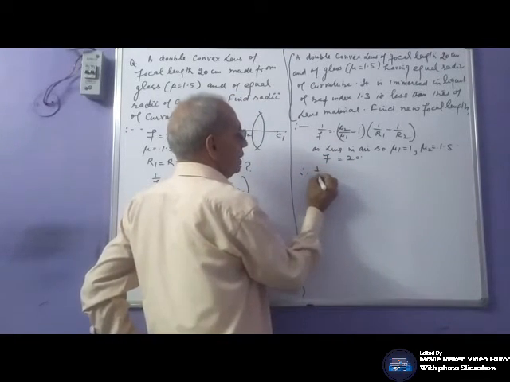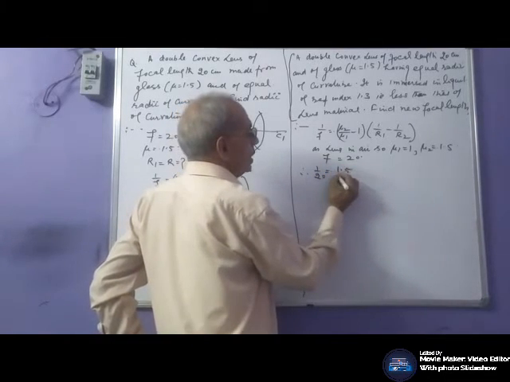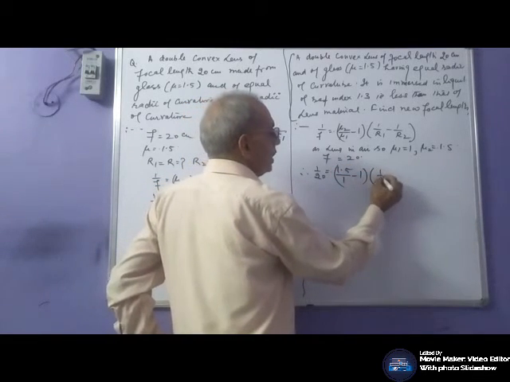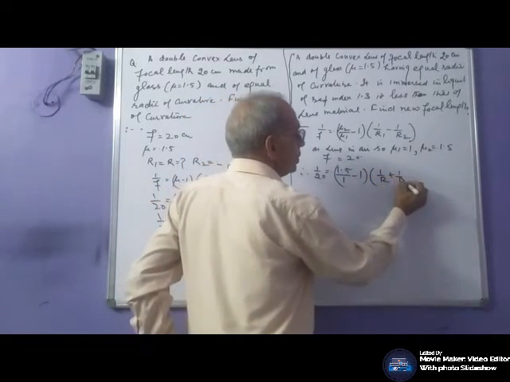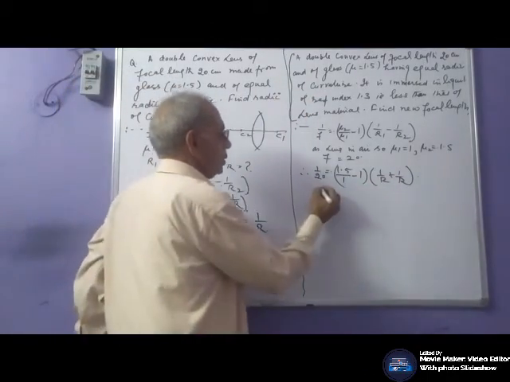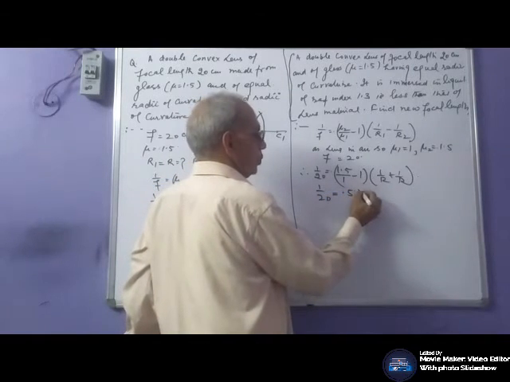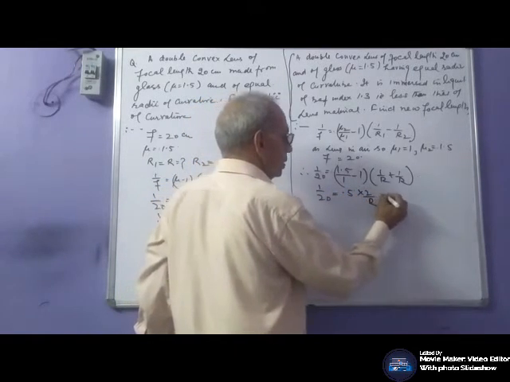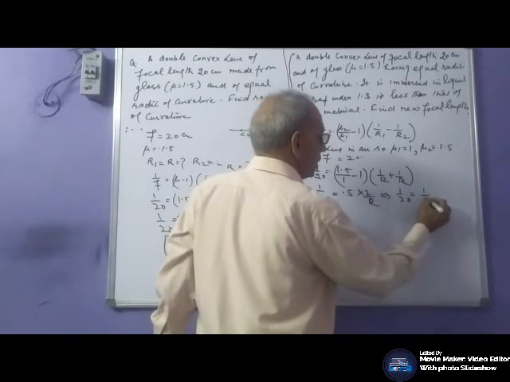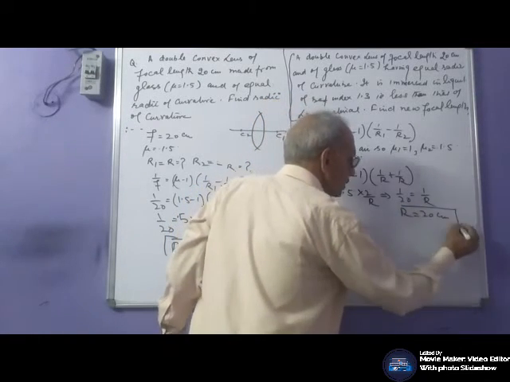Therefore 1 by 20 is (1.5 minus 1) into (1 by r plus 1 by r). So same, equal radii. 1 by 20 is 0.5 into 2 by r, or 1 by 20 is 1 by r, or r comes out to be 20 centimeter.